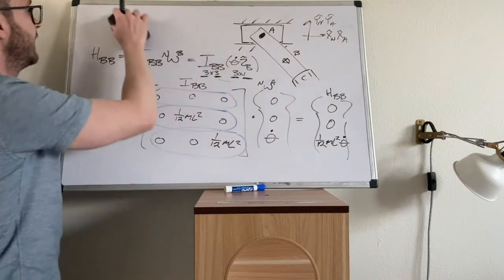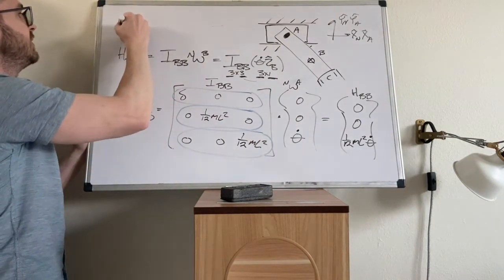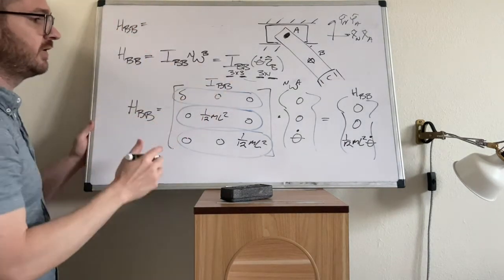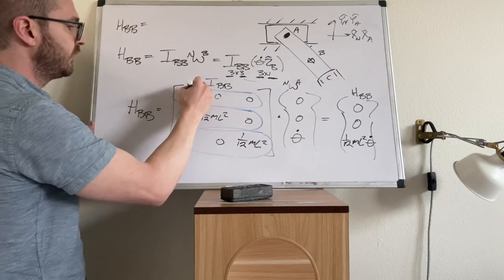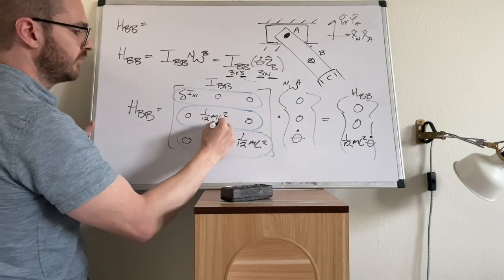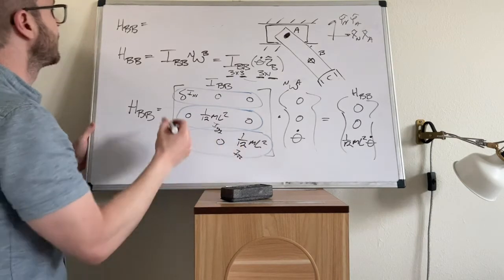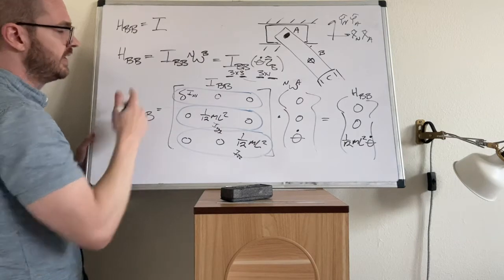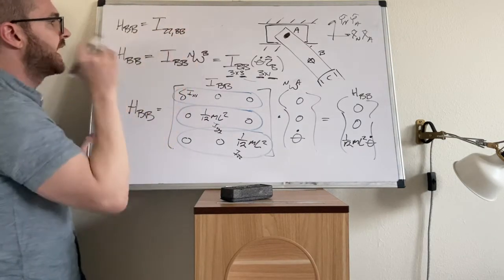So what is HBB? I've got a little room up here, I'll put it up top. HBB, when you perform all of this, is equal to, and I'm going to write it this way. We said this was the IXX, this was the IYY, and this was the IZZ. So this is the IZZ term from the BB dyadic.